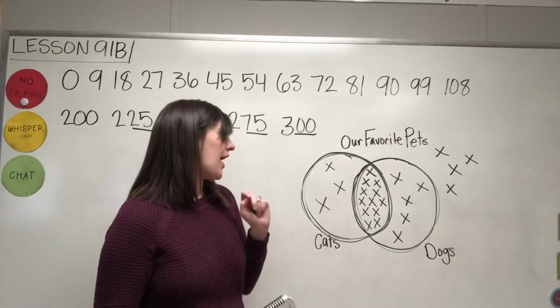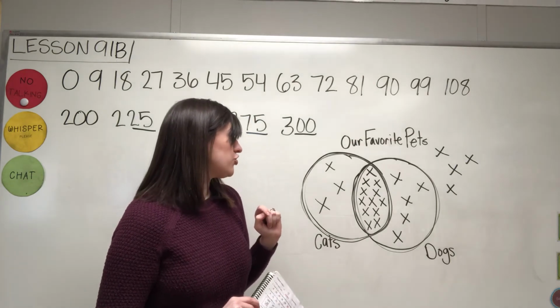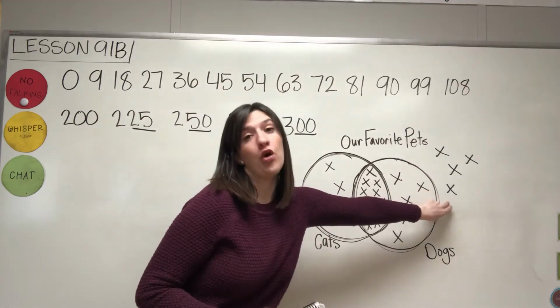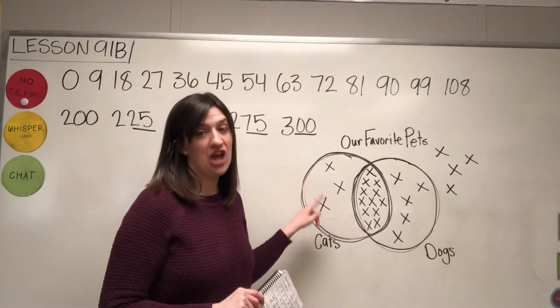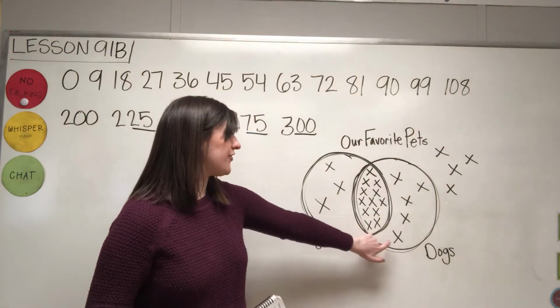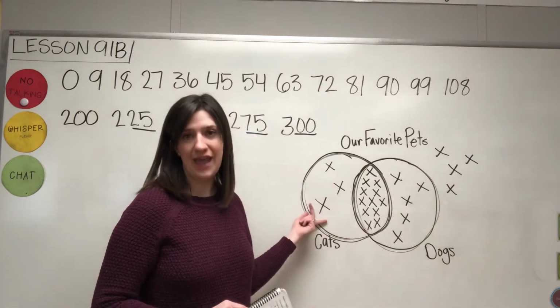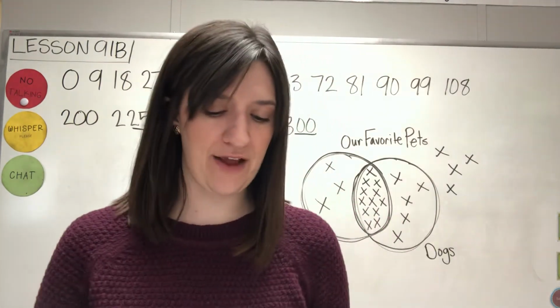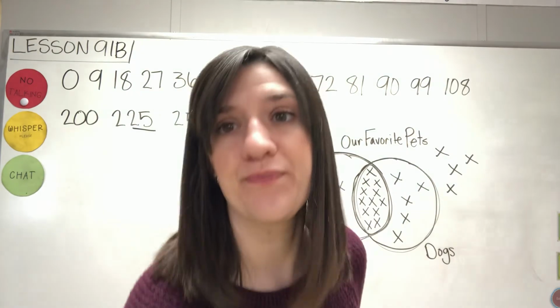Okay, you could say more children don't like dogs or cats than just like cats. You could say more children just like dogs than cats. You could make any comparison that you want, but those are some ideas for you in case you get stumped.